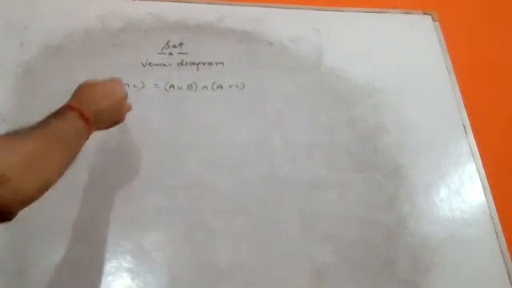You can write this. If they ask, prove by property that A union (B intersection C) is equal to (A union B) intersection (A union C). Okay, now we are going to prove it.